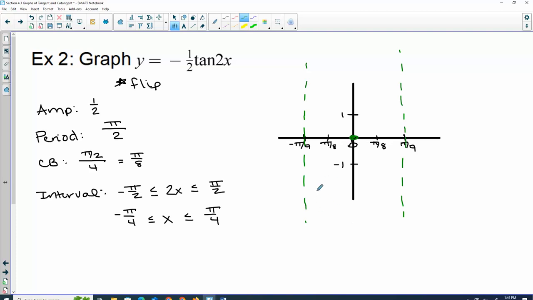Now tangent should be increasing, but we flipped it so it will be decreasing. So at negative pi over 8, my amplitude is 1/2, so I'll be at positive 1/2.